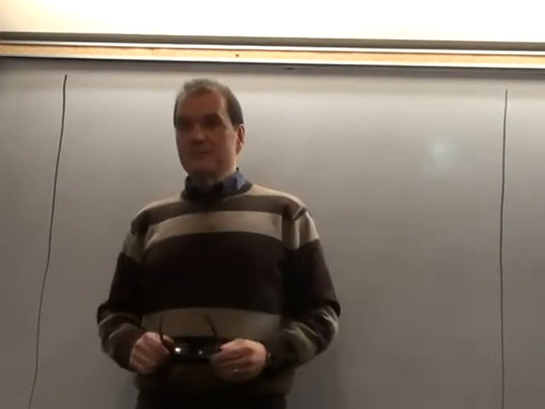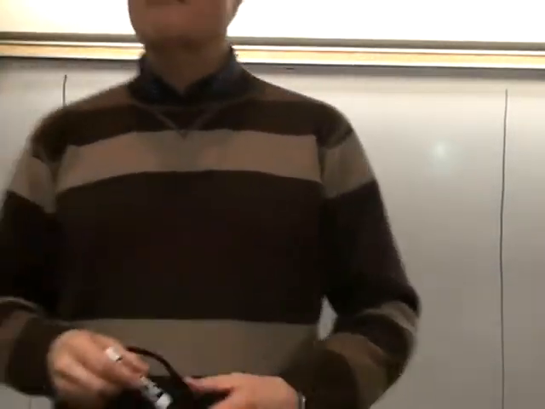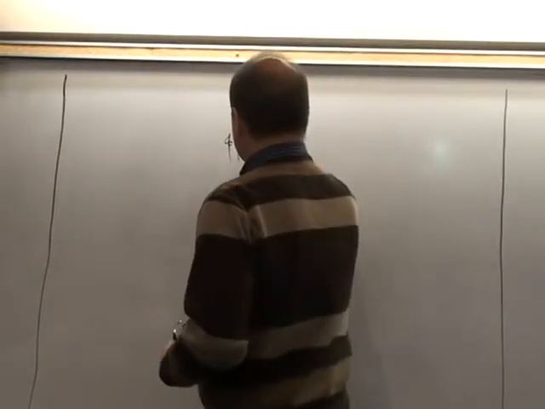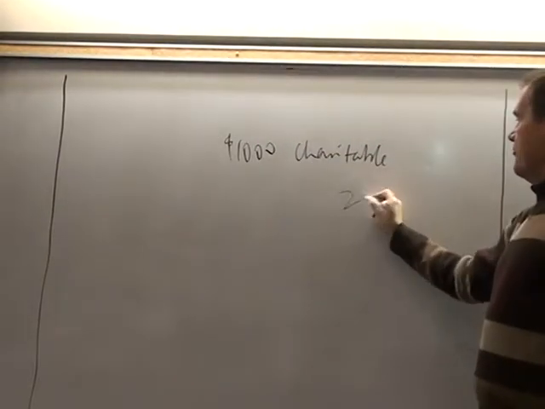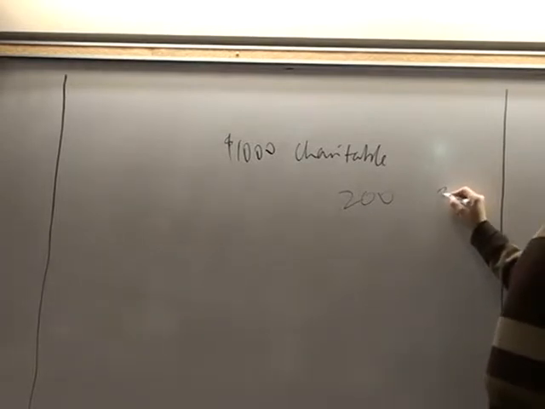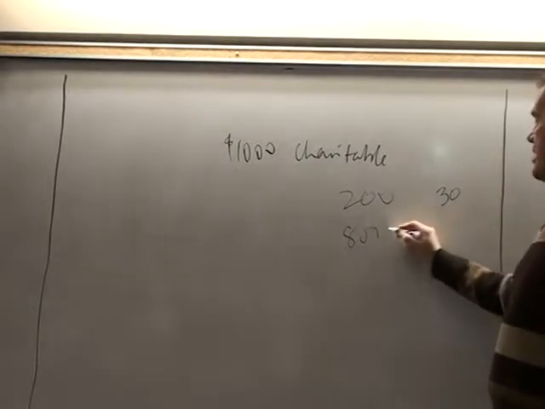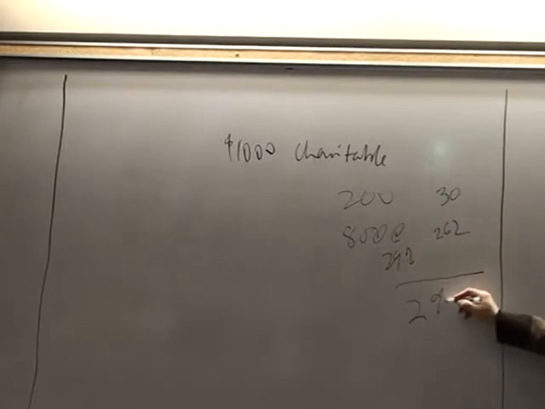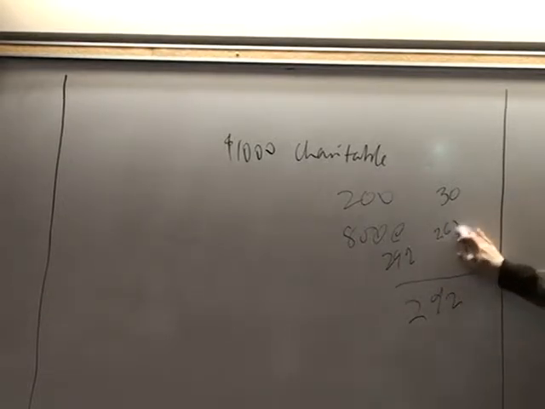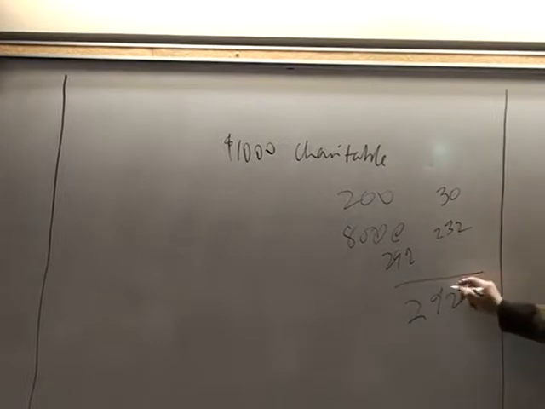The first $200 is $30, and the next $800 at 29%. 800 times 29% is $232, plus the $30, that gives you $262. Everybody okay with that? So it's a two-stage calculation.